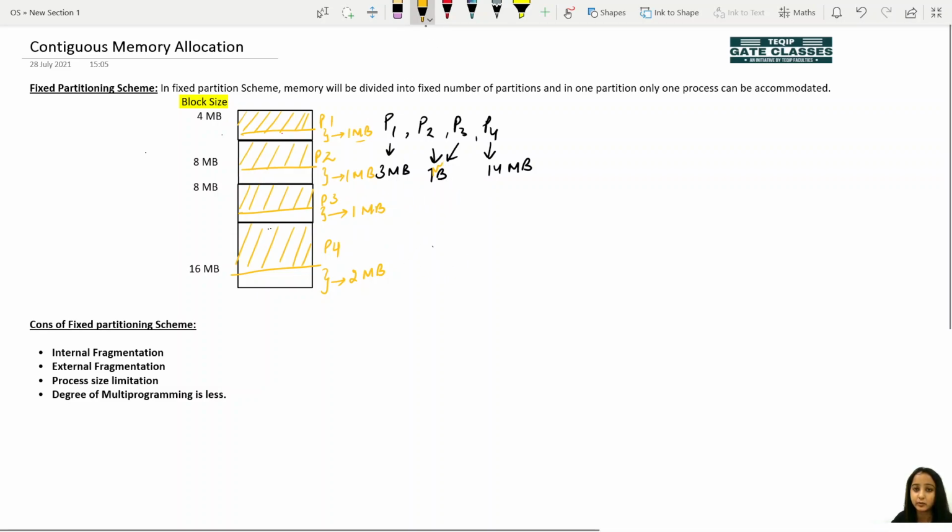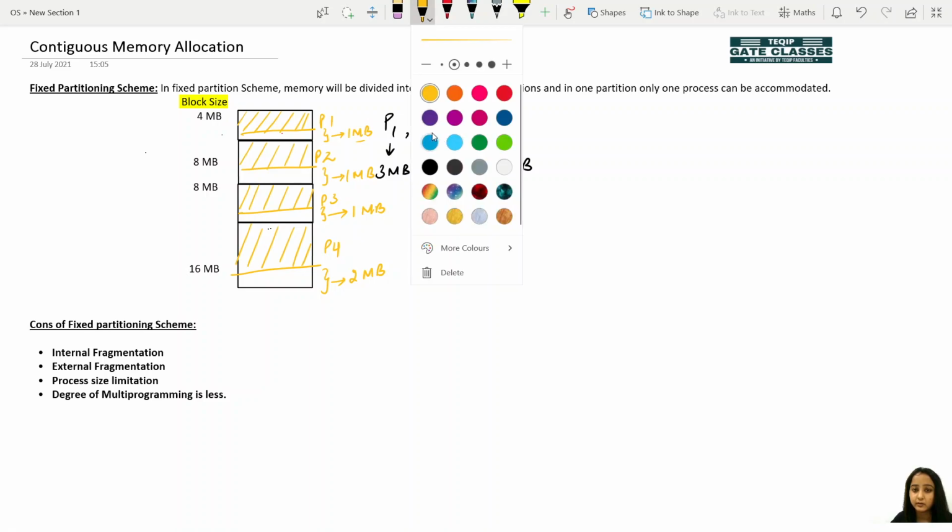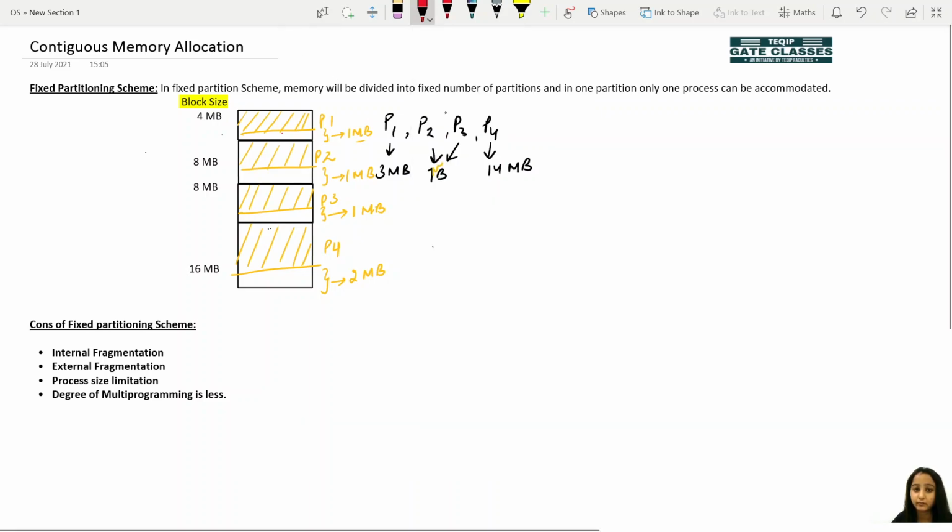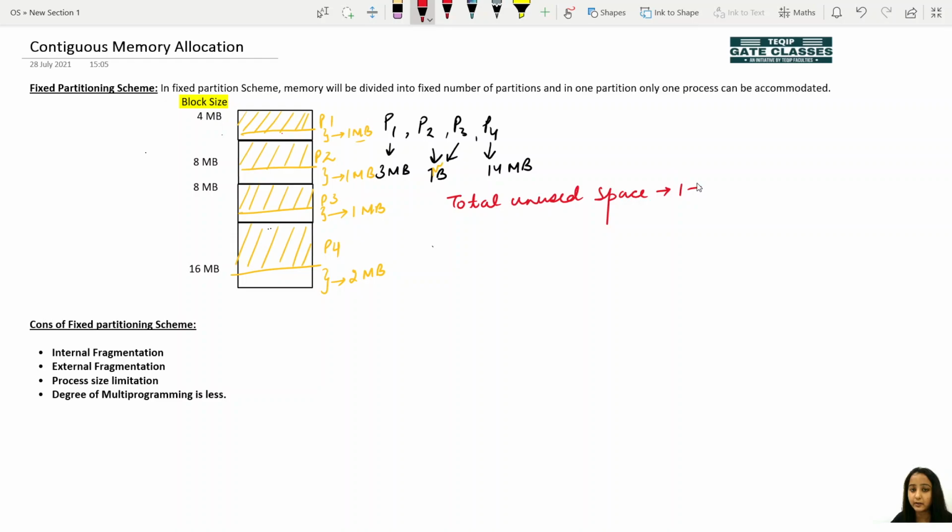So how much is the total space left? The total unused space will be 1 plus 1 plus 1 plus 2. How much is it? 3, 4, 5.